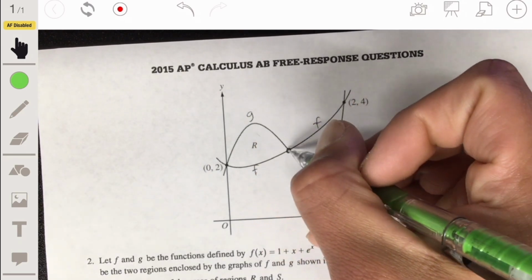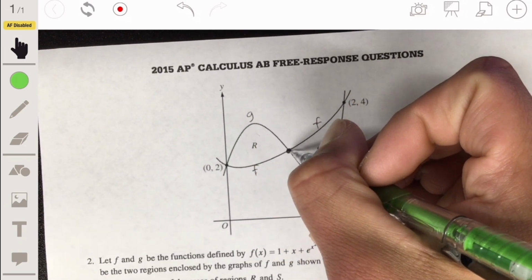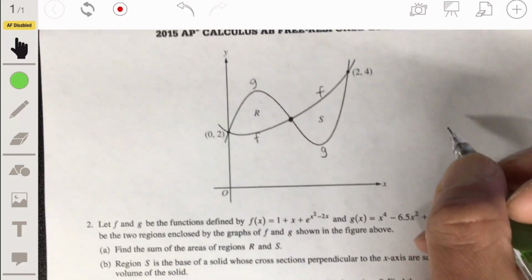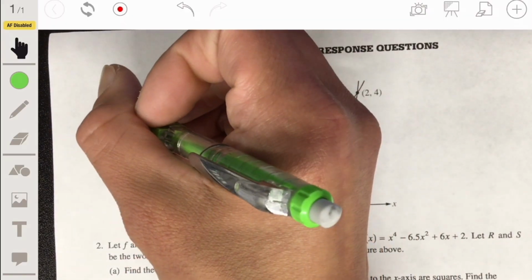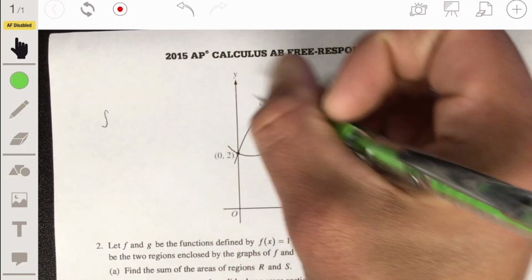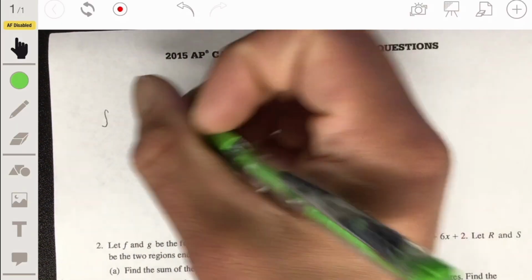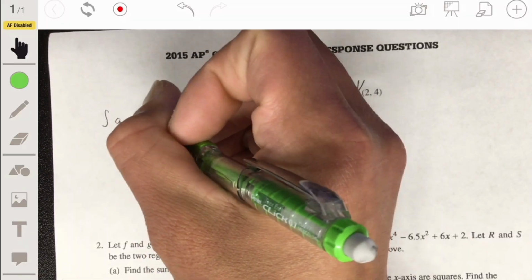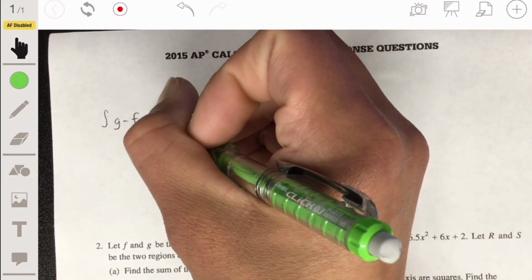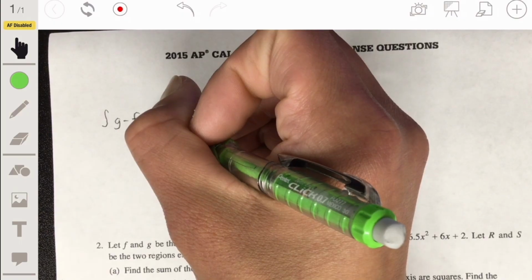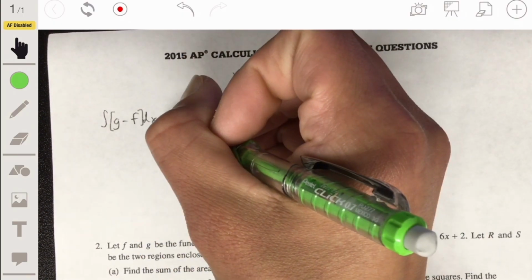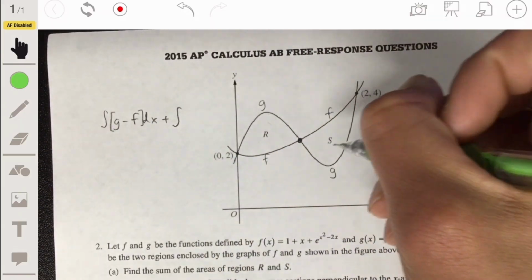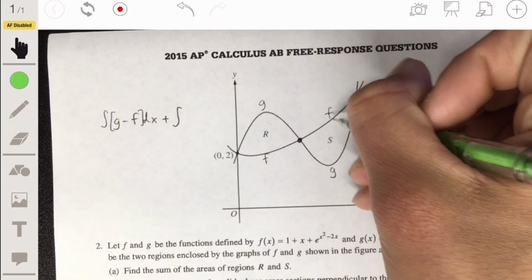So for this first region up to here, we're going to have the integral, well, I'll just write it up here. We'll have the integral of g of x minus f of x, so g minus f, dx, plus the integral of f of x minus g of x.